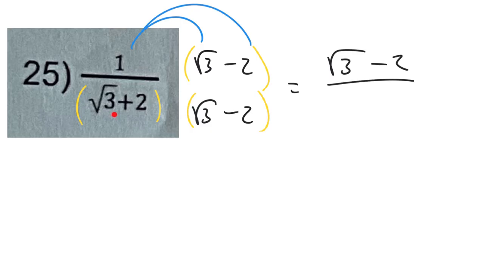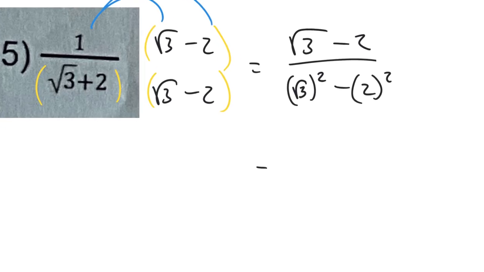Now on the bottom, I actually would encourage my student to definitely do that pattern, which is something squared minus something squared, namely radical 3 in there, namely 2 in there, because that's actually going to make it easier. Now up top we have this. Now on the bottom, radical 3 squared is literally just 3 minus 4.